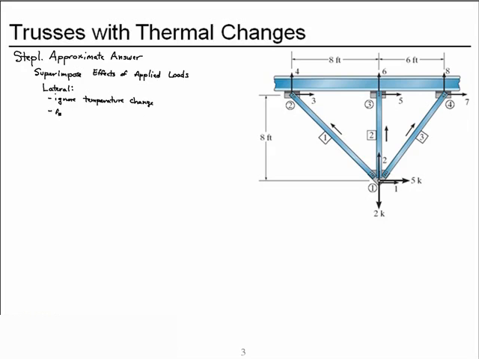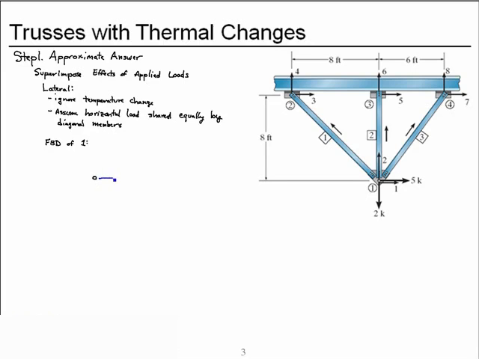And I'm going to assume that the horizontal force, that is the lateral force, is shared equally by the diagonal truss members. So let's draw a free body diagram of node 1 and apply our assumptions.